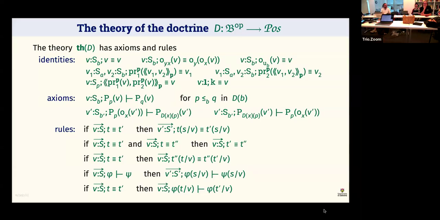So first, the algebraic theory of terms. The axioms and rules require reflexivity. V is a variable of a certain sort.